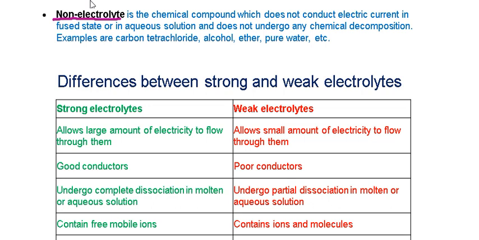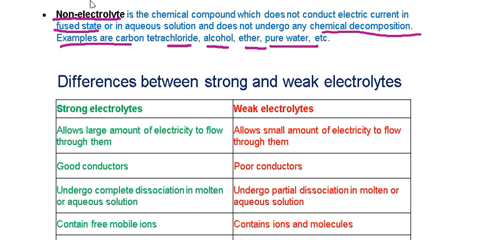It is the chemical compound which does not conduct electric current in fused state or aqueous solution and does not undergo any chemical decomposition. Examples are carbon tetrachloride, alcohol, ether, pure water, etc.